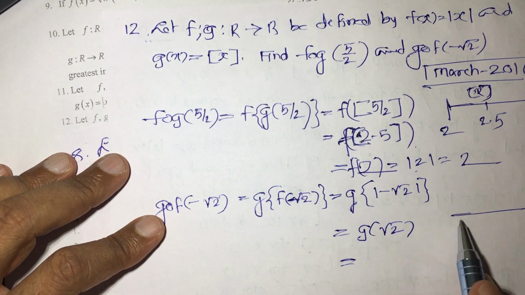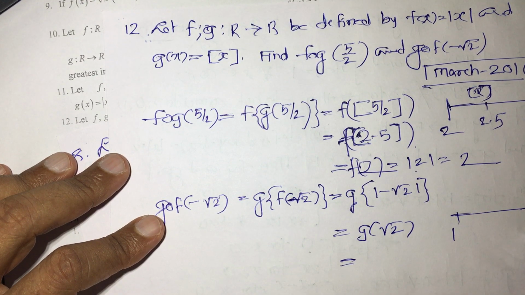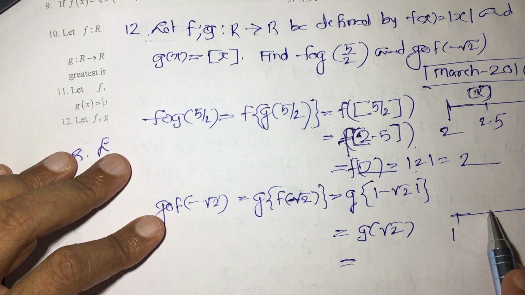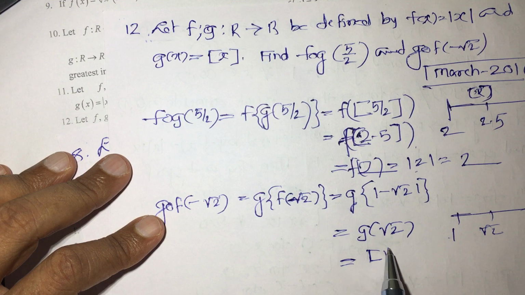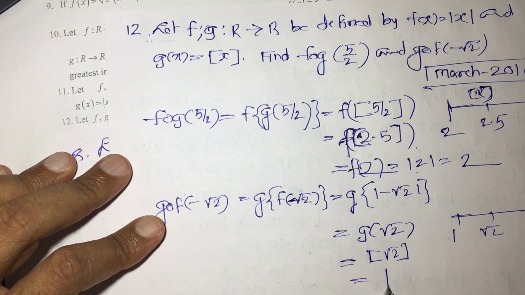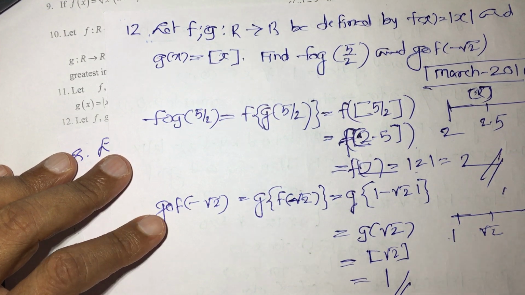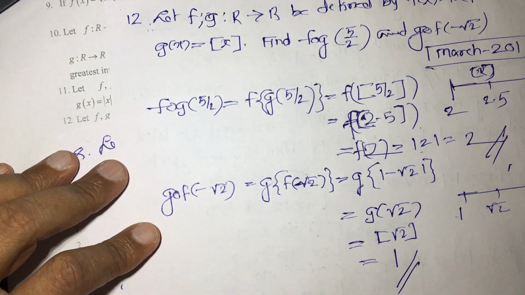Root 2 lies between 1 and 2, so square bracket root 2 is nothing but 1. So 2 and 1 are the required values.